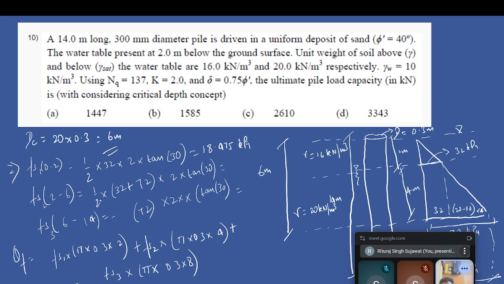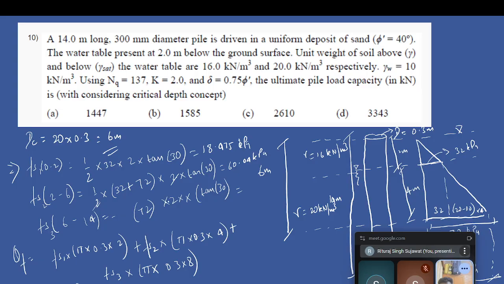Let's move to the Fs2. So how much is this value? 32 plus 72 into 10 30 equals to 60.04 kp.